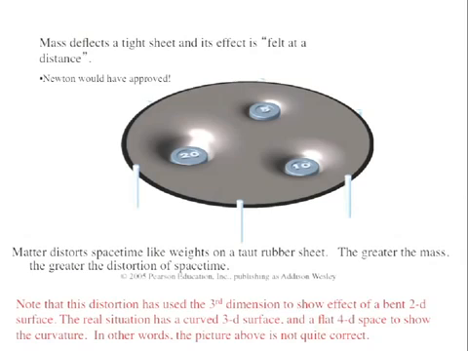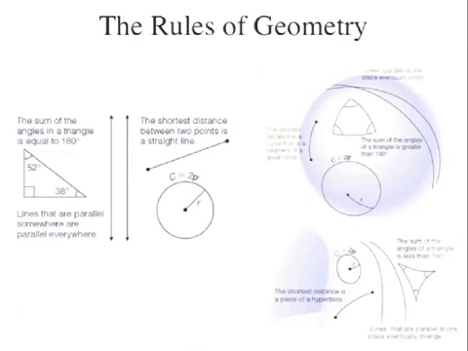Now, here are the rules of geometry that you learned very well in high school. In a triangle, the sum of the angles is equal to 180 degrees. Lines that are parallel somewhere in space can be made to be parallel forever. The shortest distance between two points is a straight line, and the circumference is 2 pi times the radius.